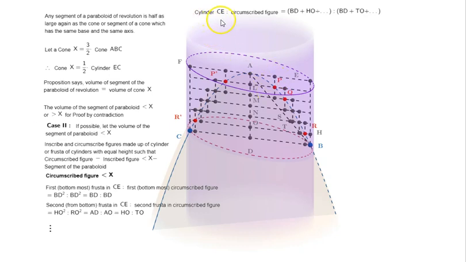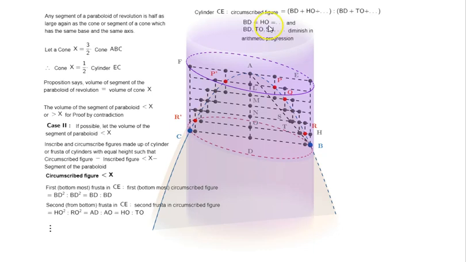So now cylinder C is to the circumscribed figure as BD plus HO plus, we keep adding up the radii, is to BD plus TO plus dot dot dot. Here BD, HO and so on are the radii of the cylinder, and BD, TO and so on are the radii of the slices of the cone.